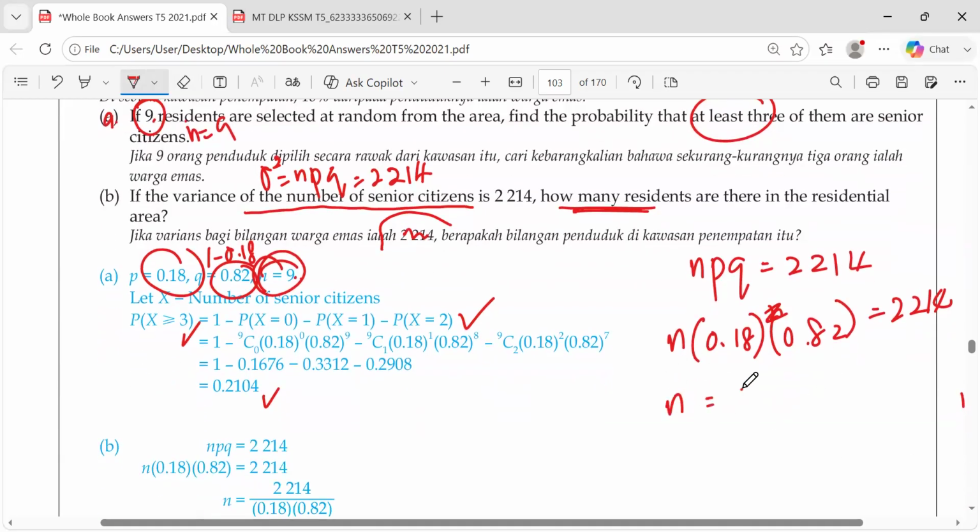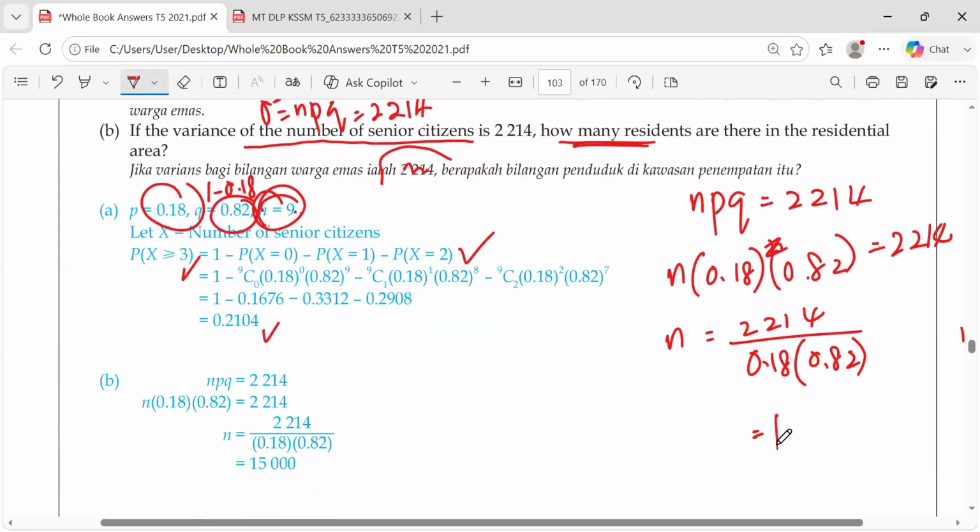So you just divide 2214 by 0.18 times 0.82. So you get the N. The answer is 15,000.